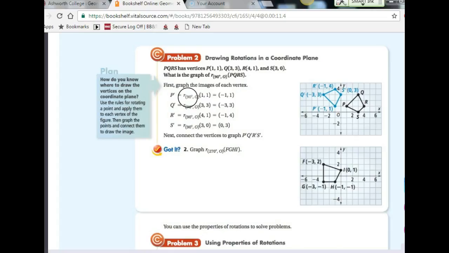And remember, when you rotate something 90 degrees, you switch the x and the y, but then you make the y value negative. So the rotation of (1, 1) becomes (-1, 1). The rotation of (3, 3) becomes (-3, 3). This one, (4, 1), becomes (-1, 4). And (3, 0) is going to become (0, 3).